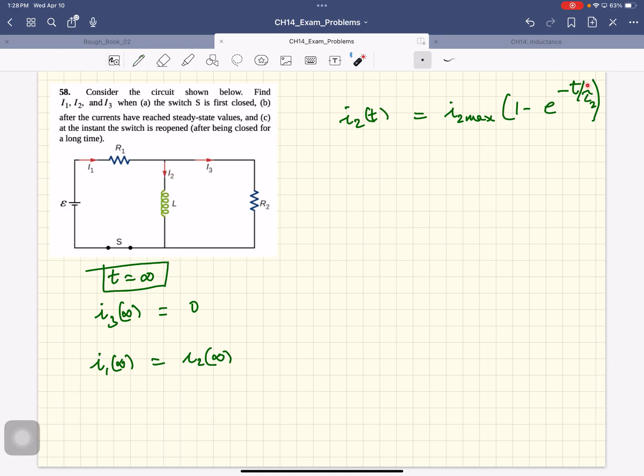At t equal to infinity, this is equal to I2 max. At t equal to infinity, this will be 0, so the only current is I1 max, which will be E over R1.